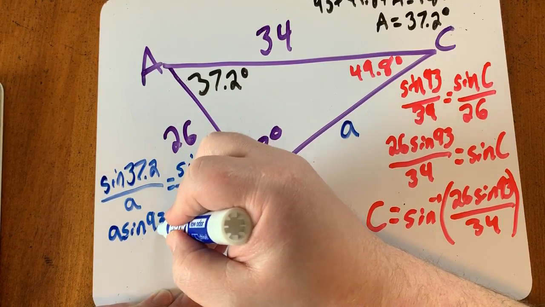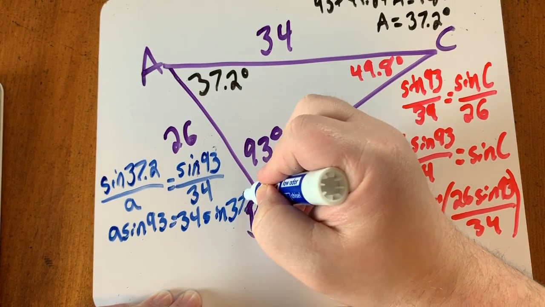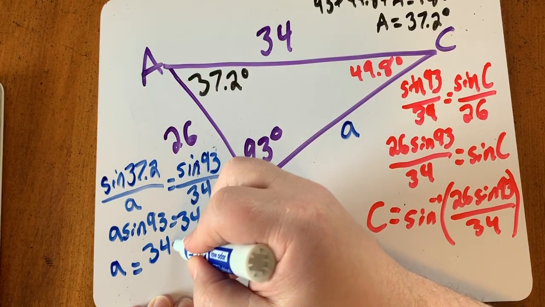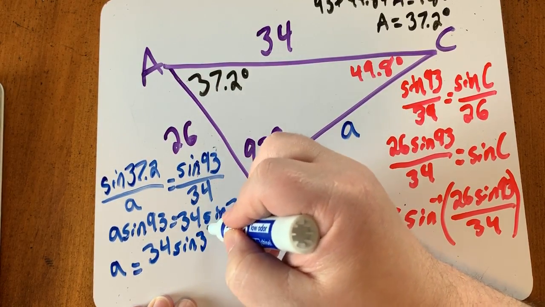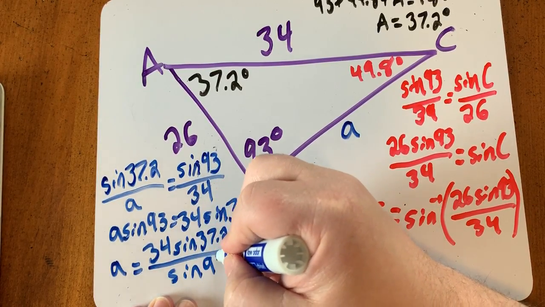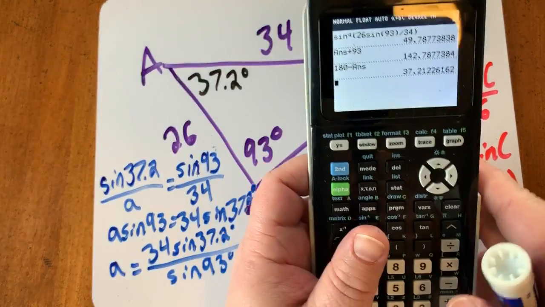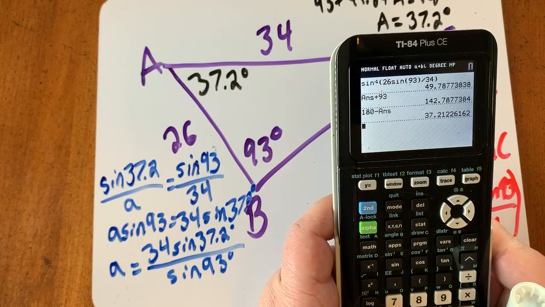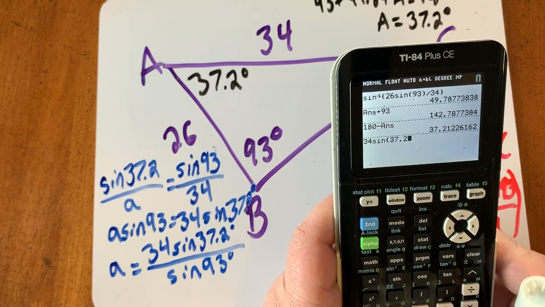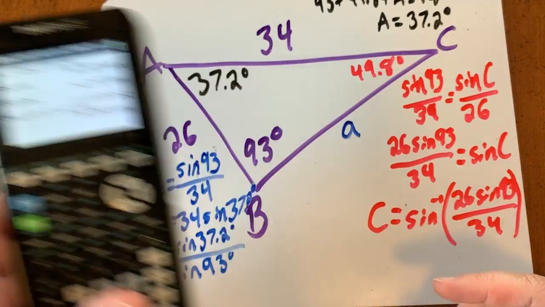A sine of 93 equals 34 sine of 37.2. Divide. A equals 34 sine of 37.2 over sine of 93. I don't know what that is approximately, so we use our calculator. 34 sine of 37.2 divided by sine of 93 equals 20.58.